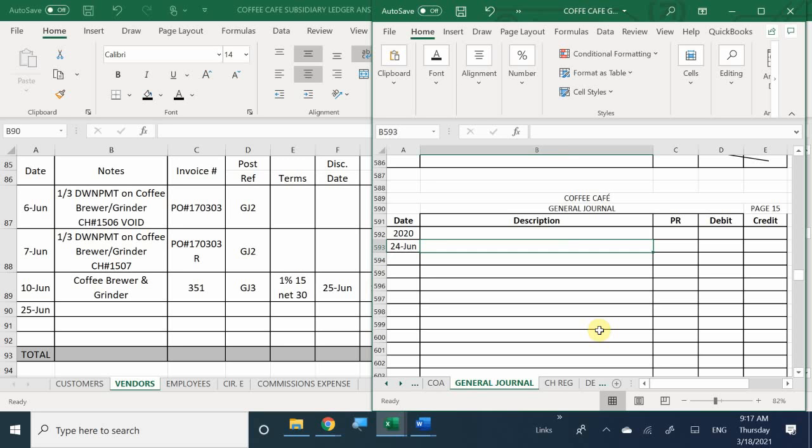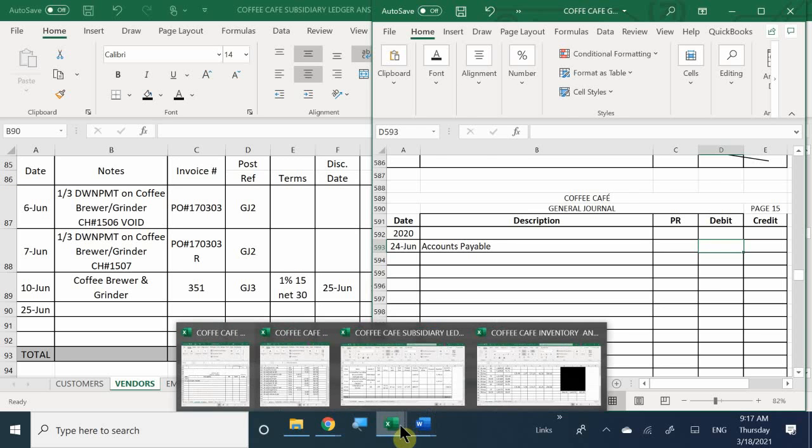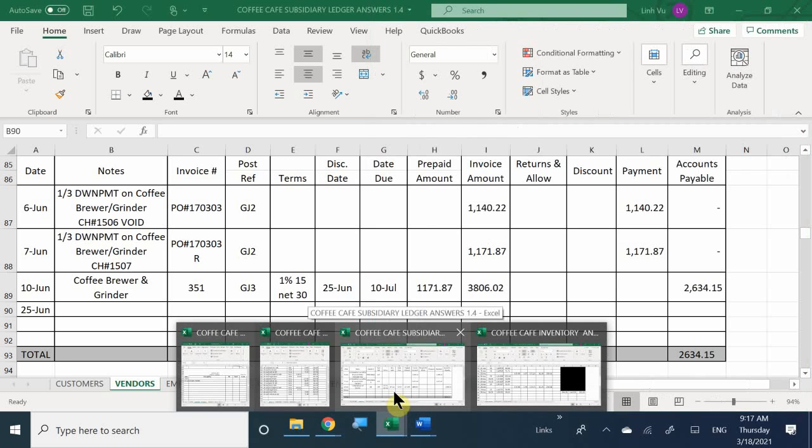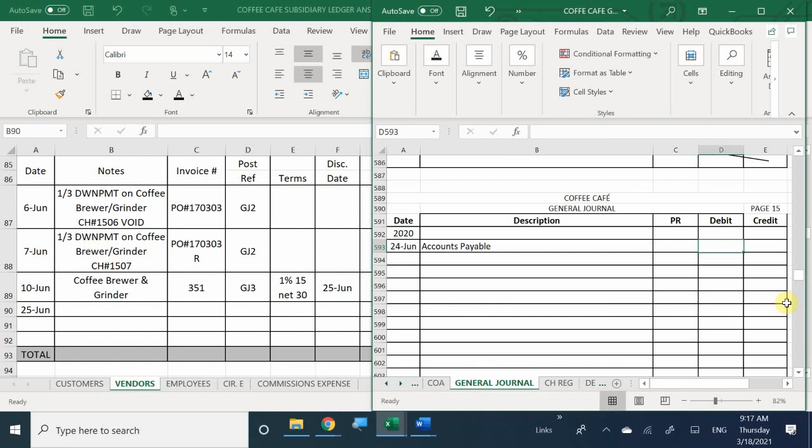Yes. So first, I'm going to recognize, what was the total amount that I owe? I owe the 2,634.15. Okay. Now you said we're going to take a discount.